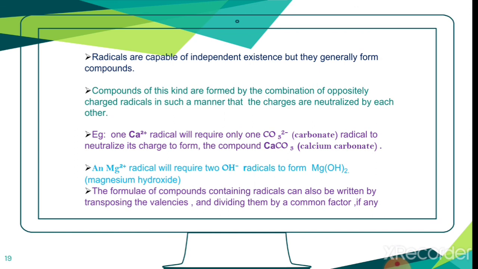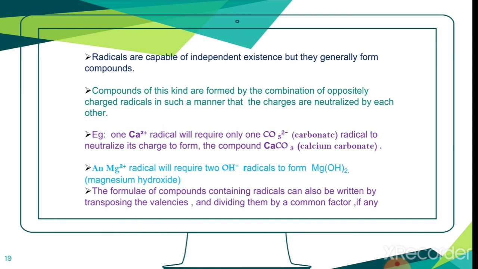The formula of a compound containing radicals can also be written by transposing the valency and dividing them by a common factor. In our textbook, they give an example of the compound of Cu2 plus and CO3 2 minus, which is CuCO3 and not Cu2(CO3)2.